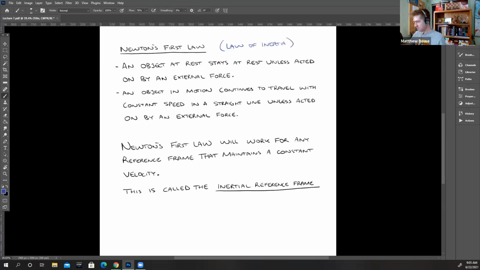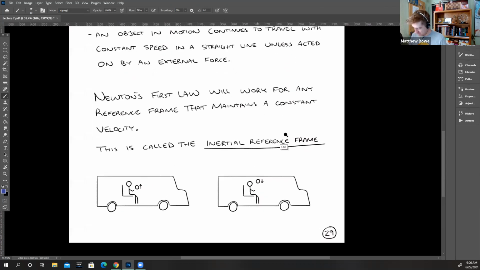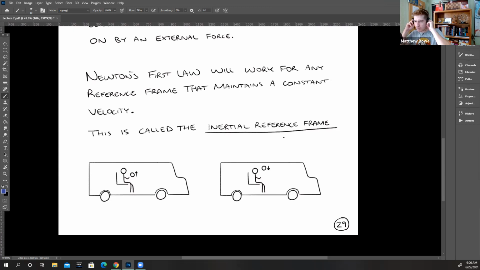The real world example of this is, let's zoom in on this. So imagine a school bus full of kids, on the way to a soccer match or something. Inside of the school bus, a kid is able to hold on to a soccer ball, and it doesn't look like the soccer ball is moving, even though the bus itself is moving at a constant speed.